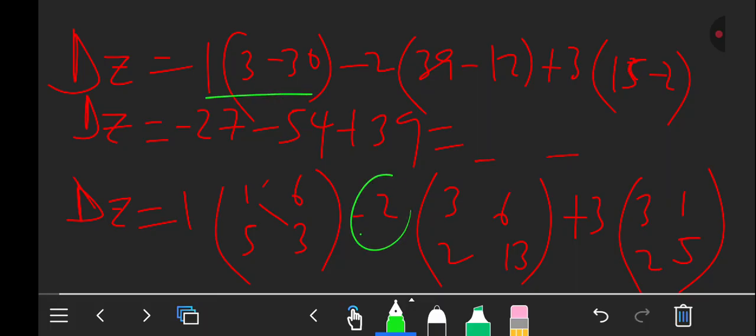We come to negative 2 multiplied by the matrix.